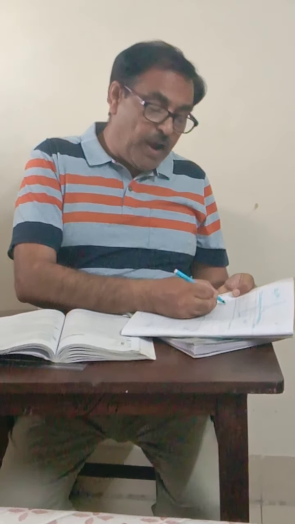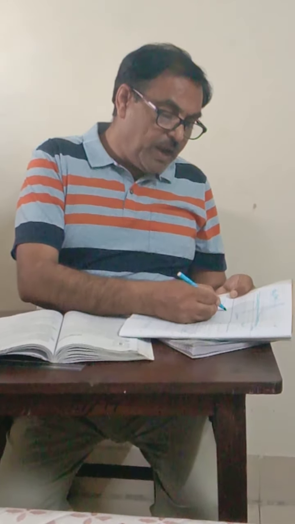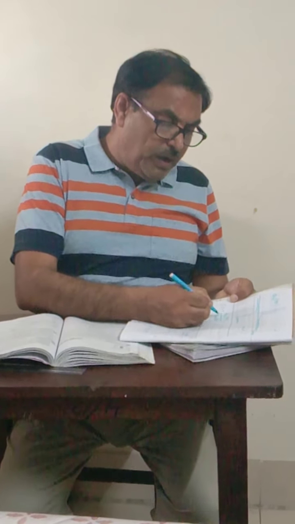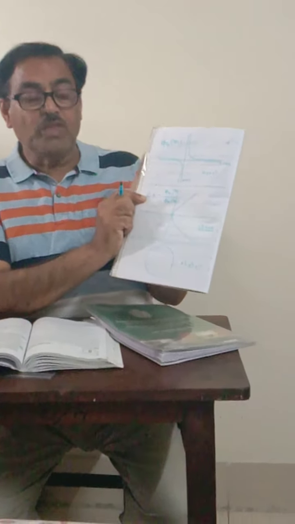Note that if all the values of m are real and distinct, for those values of m, c can be found out by the formula c is equal to minus phi n minus 1 of m upon phi n m dash.